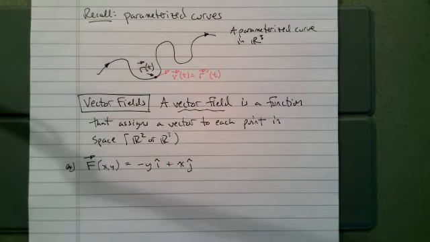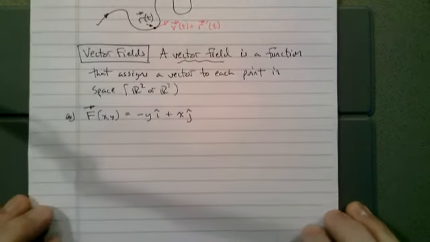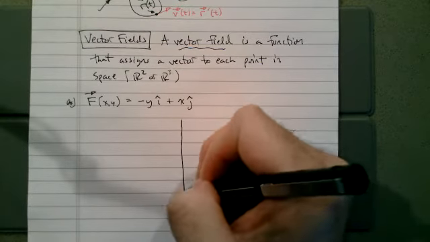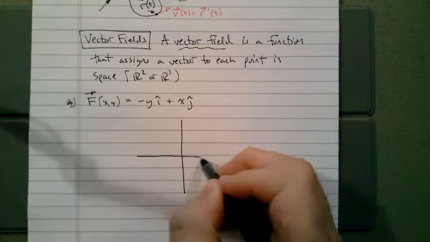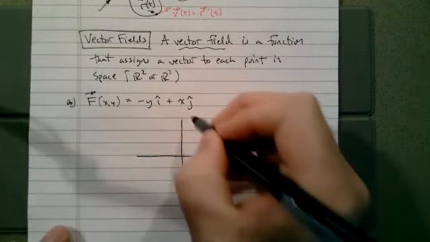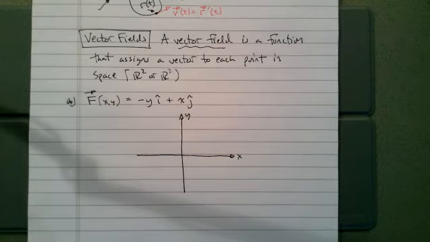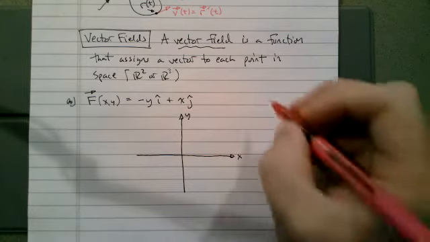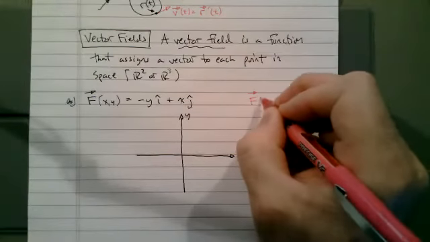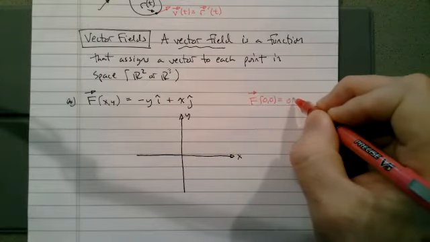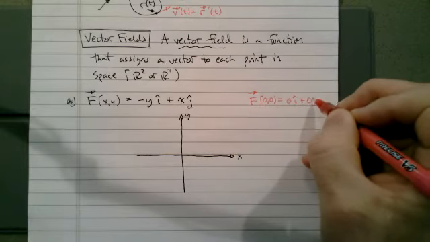So let's try to sketch this vector field. If we pick some points, say the point at the origin, we're going to get 0i plus 0j.